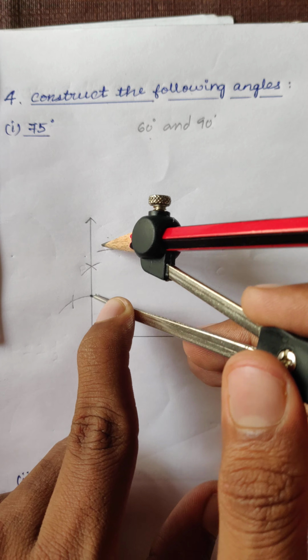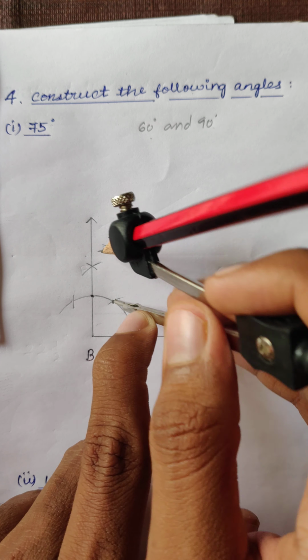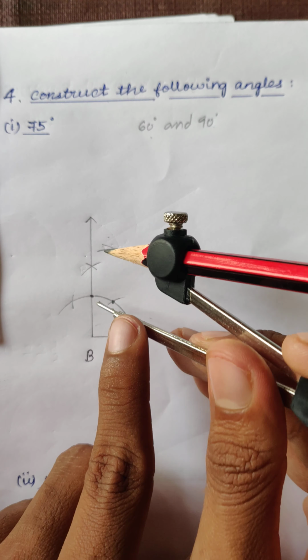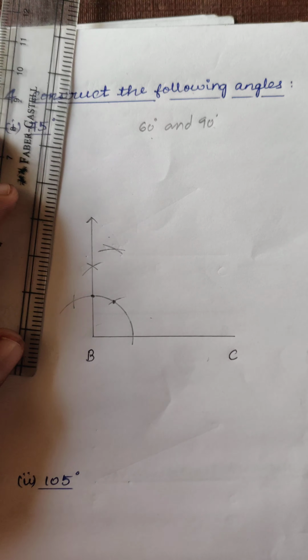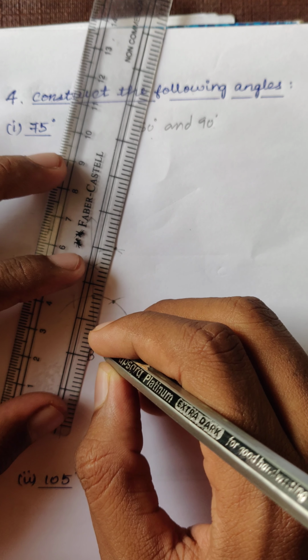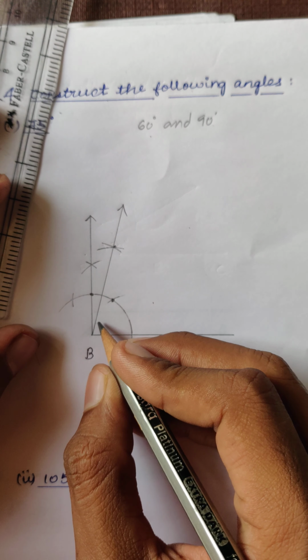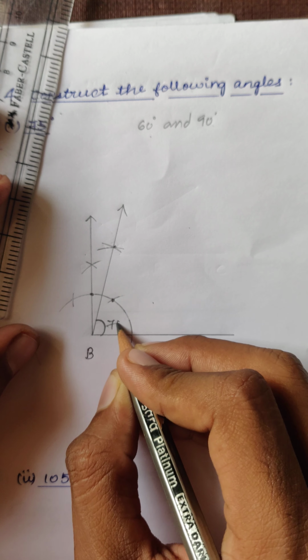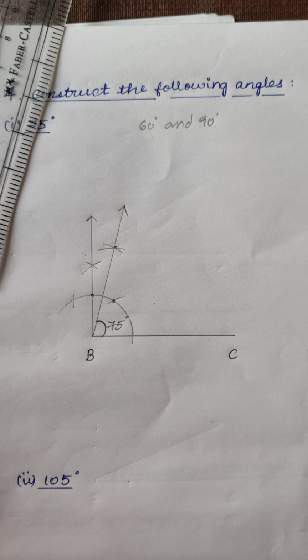From here we need to cut another arc, from here we need to cut an arc, and from here we need to cut another arc. Wherever these two arcs intersect each other, that is where 75 degree lies. So we can just mark this angle as 75 degree, and we can even check our measurement using the protractor.